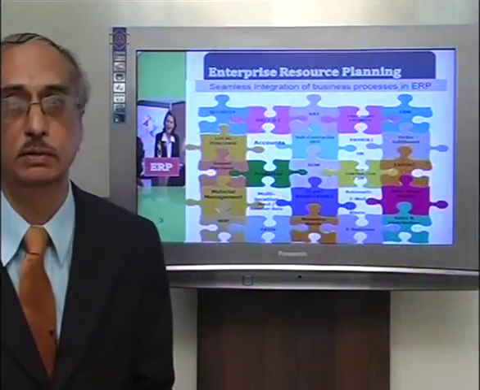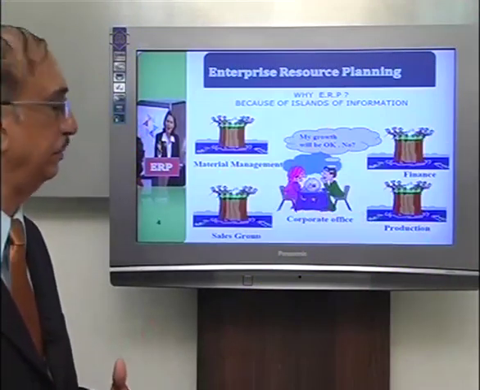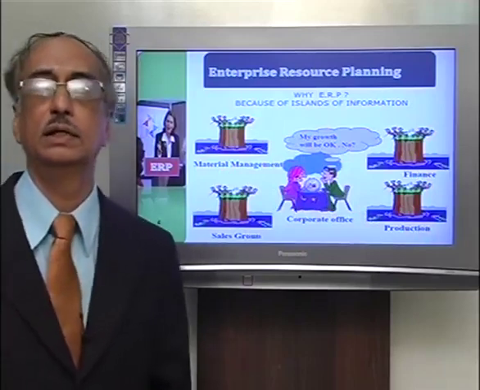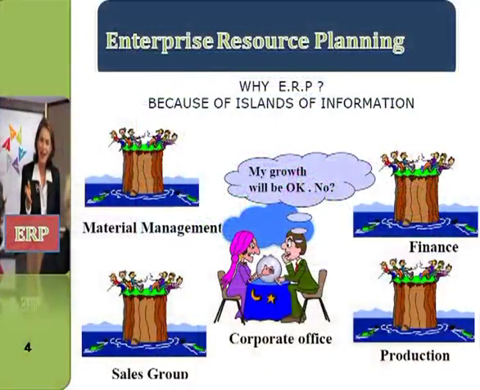That is the beauty of using the ERP, because of the island of information. Now, what do we mean by island of information? Island of information is when you are working in different departments like materials management, sales group, production group, finance group.